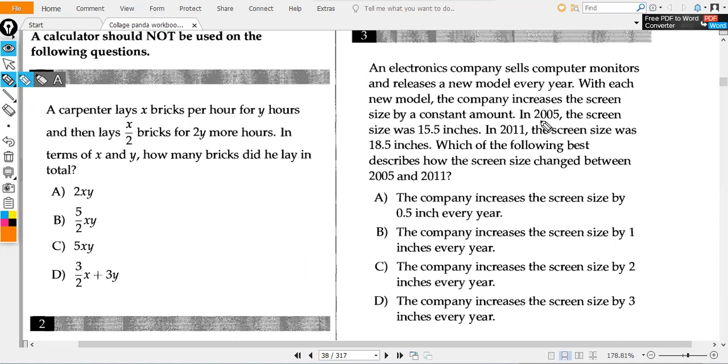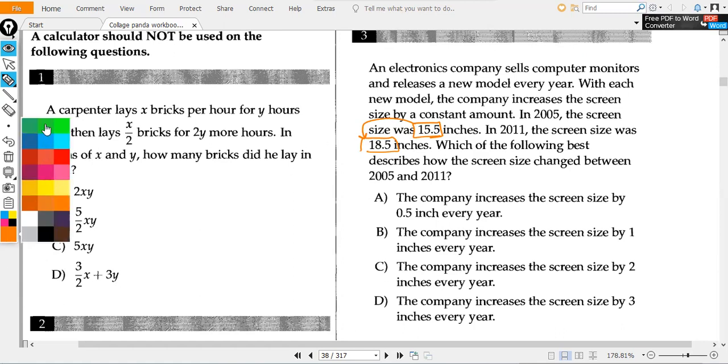Now, in 2005, the screen size was 15.5 inches, the original size. In 2011, the screen size was 18.5 inches. So, how many inches did the screen size increase?